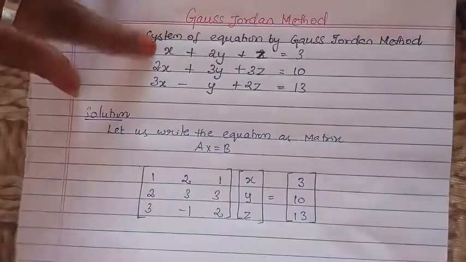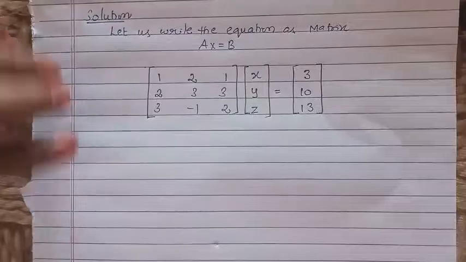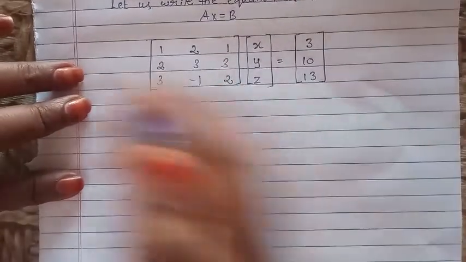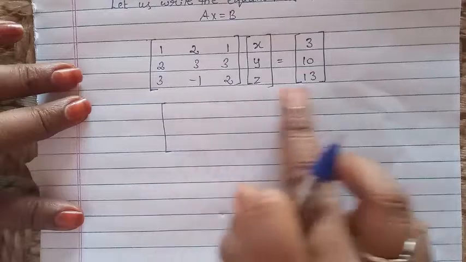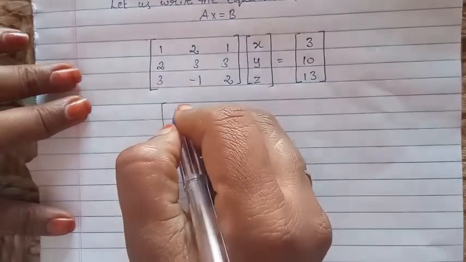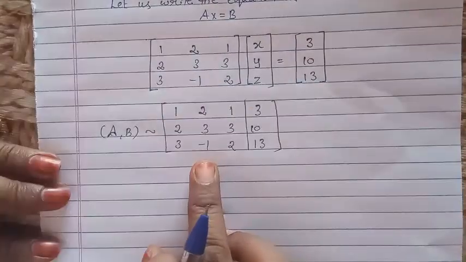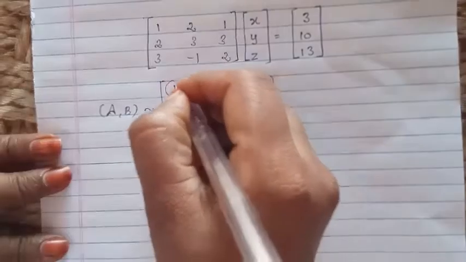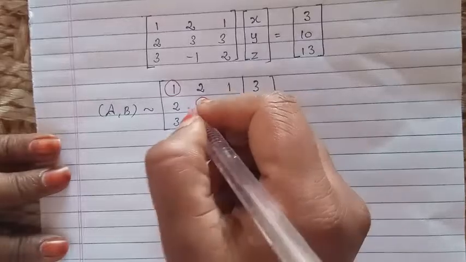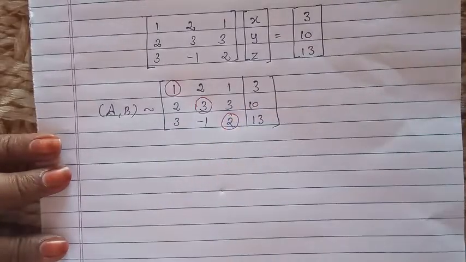Before reducing this matrix to a diagonal matrix, we'll write this as an augmented matrix. Augmented matrix means combining the coefficient and the constant matrix in a single matrix. We have to reduce the matrix to a diagonal or unit matrix, and we perform only row operations here. The diagonal elements are 1, 3 and 2.